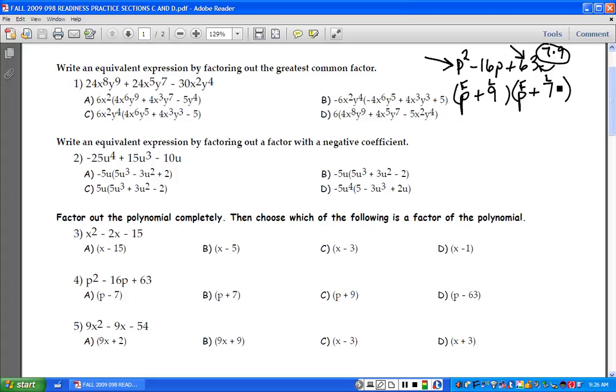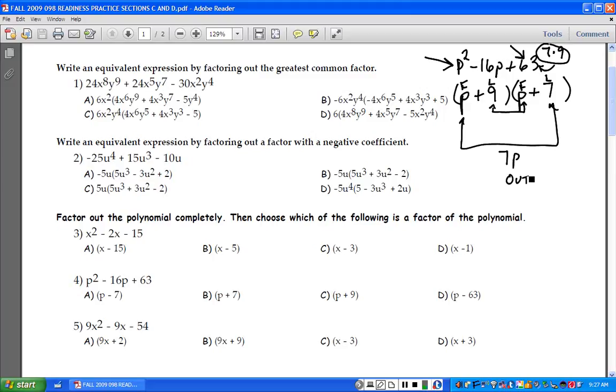And what we're checking for is to see if the outside and inside combine to give us this negative 16p in the middle. So what we want to do is multiply the outside by the inside. Okay, so on the outside, p times a positive 7 is 7p. 9 on the inside, so this is our outside.